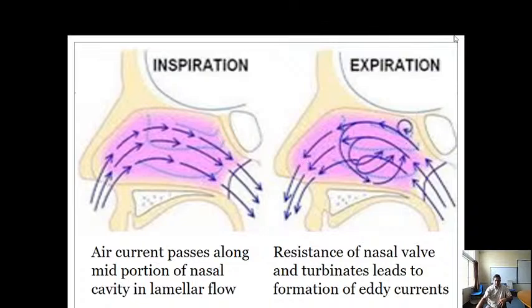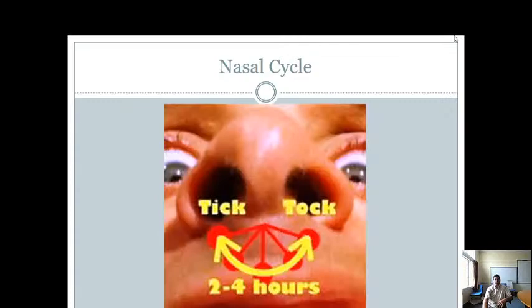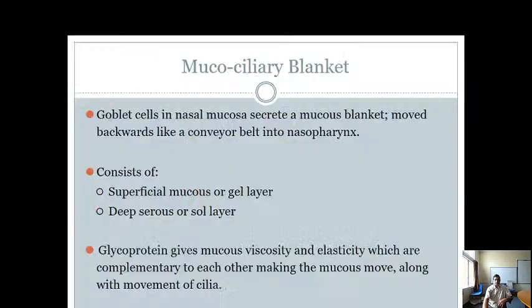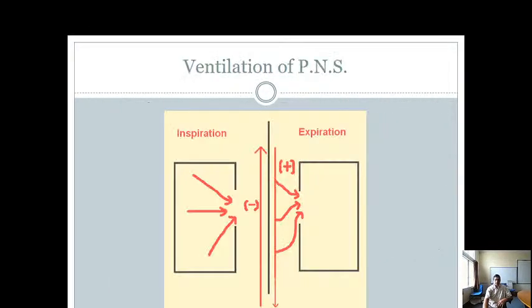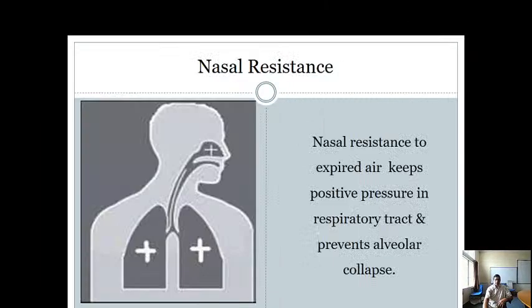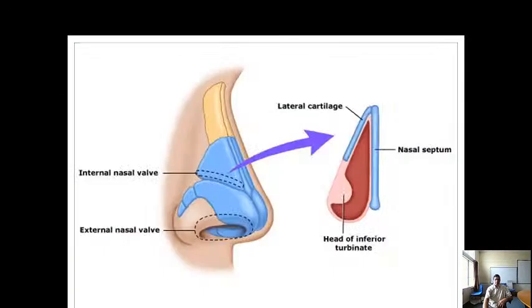I'll just try to show you the nasal valve. This is the nasal bone, the upper alar cartilages and the lower alar cartilages. This is the area where there is a small depression, as you can see yourself in a mirror, or you can see in others.